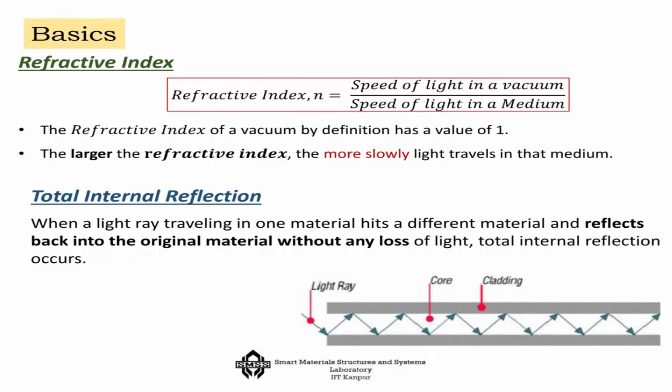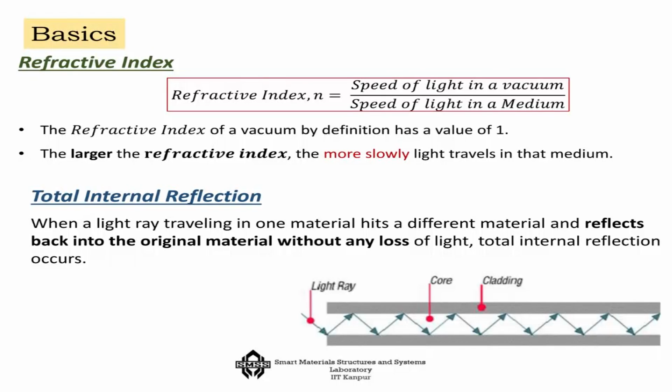So, the refractive index of a vacuum by definition has a value of unity. Now, when we are going to a medium, the refractive index is actually larger, and the larger the refractive index is, the more slowly light travels in that medium.